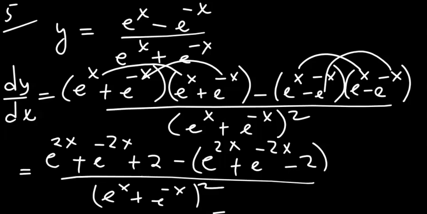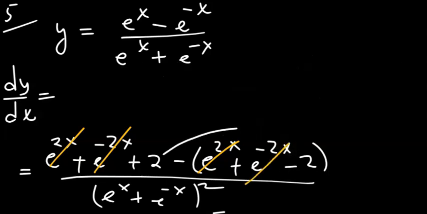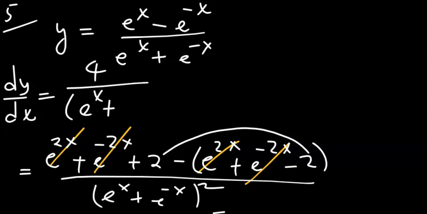A few terms will go away. This will cancel that. This will cancel that. And will give you 2 plus 2, that is 4, over (e^x plus e^(-x)) squared. And that is the final answer.